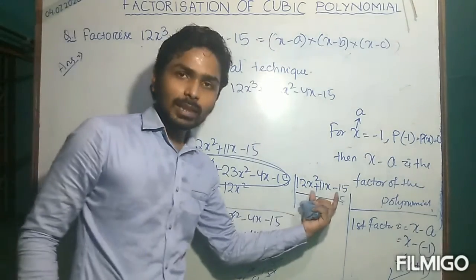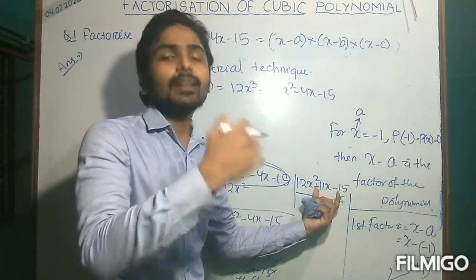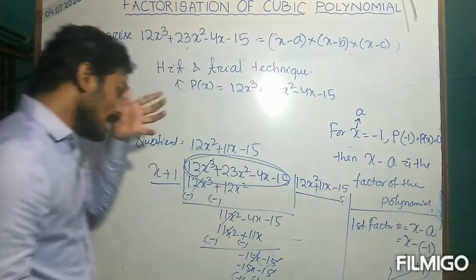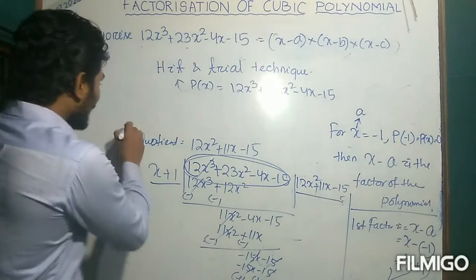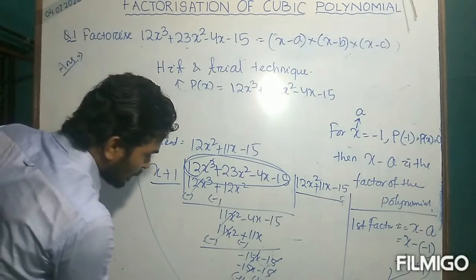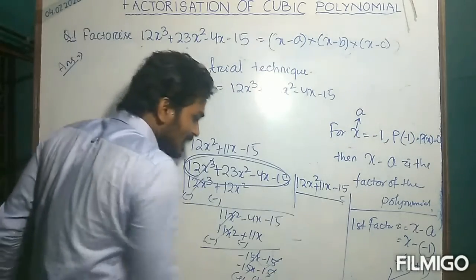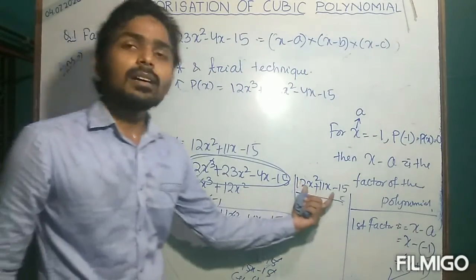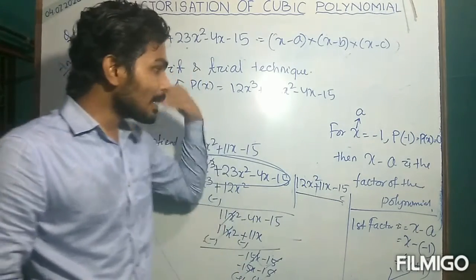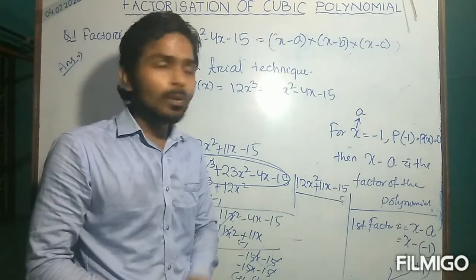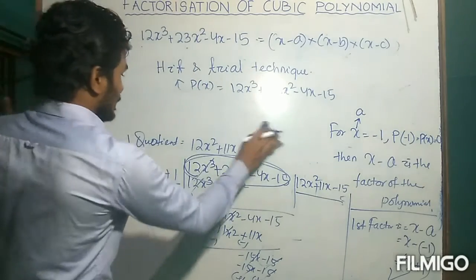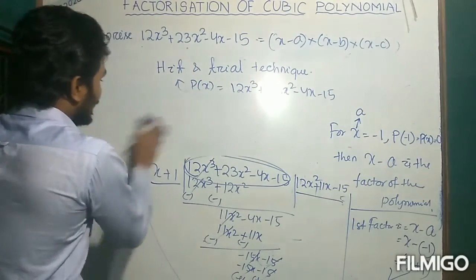So now from this quotient we have to find the other two zeros. We need this type of division method in order to find the quotient, but we can use another method to find this quotient. Let us check how.